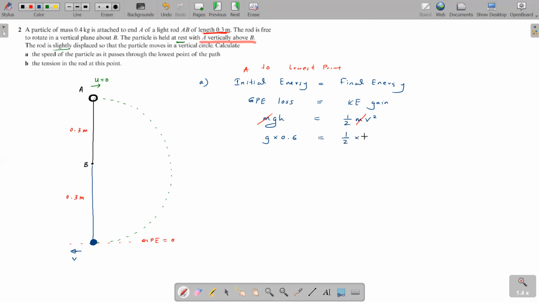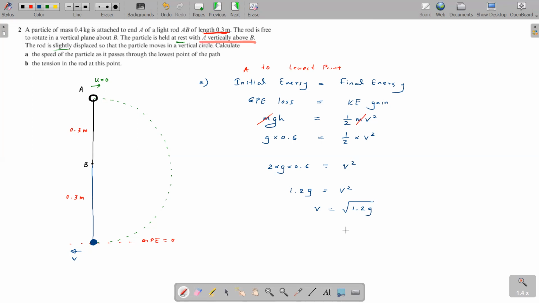So g times 0.6 equals half v squared. Take the half to the other side: 2 times g times 0.6. It's better to have the v squared answer exact first, because most of the time we'll probably be using the v squared answer again. So v squared is 1.2g, and v equals root 1.2g.